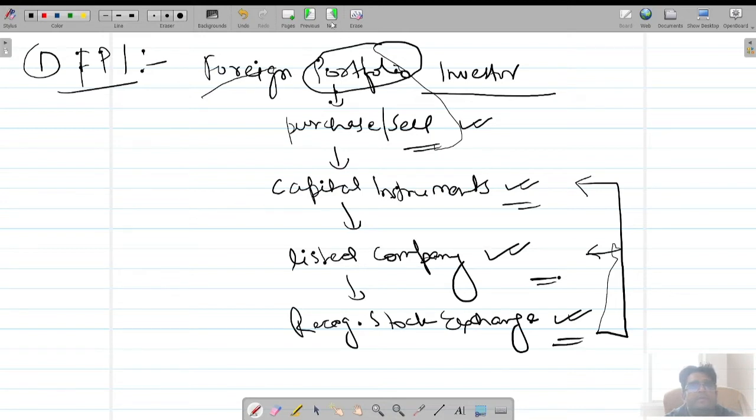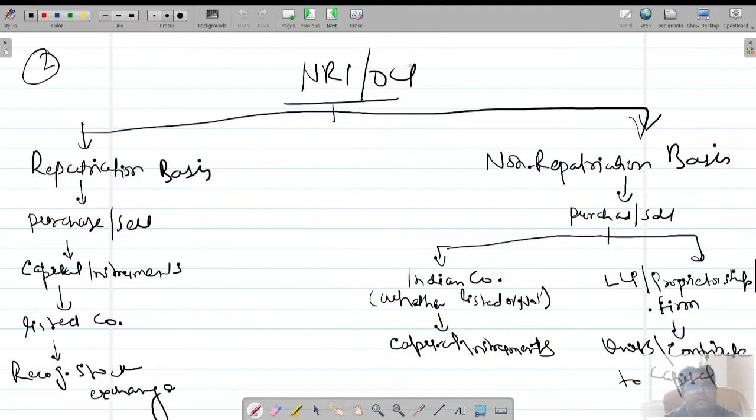The next one is for NRI and OCI, overseas citizen of India. Basically, they can invest on a repatriation basis or a non-repatriation basis. There is certain relaxation for the non-repatriation basis.